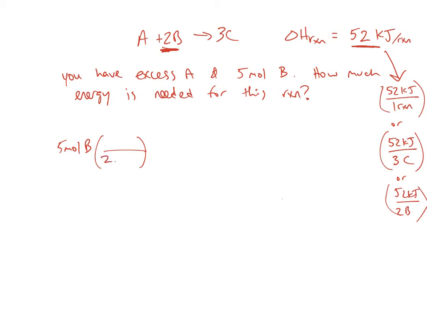I chose to use this one, so my moles of B cancel. 5 times 52 divided by 2 equals 130. So I will need to put in 130 kilojoules of heat in order for this scenario to take place.